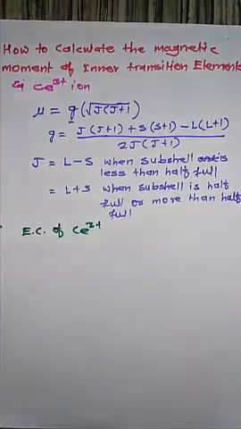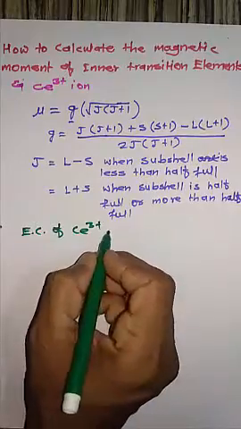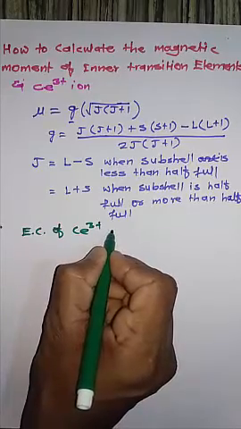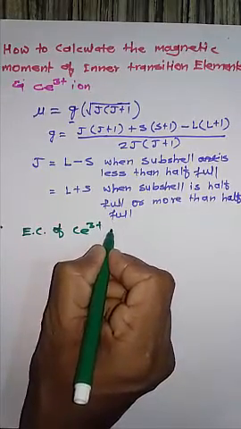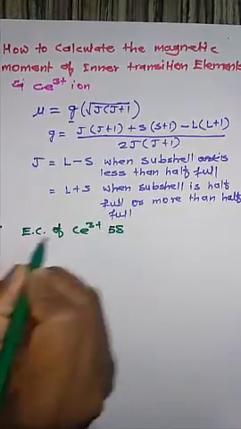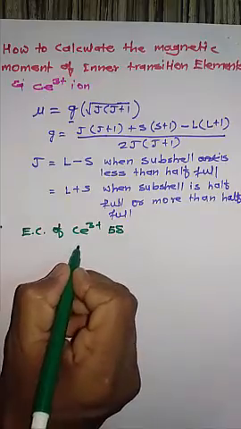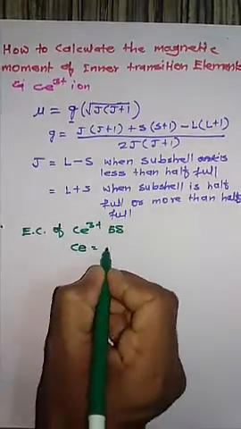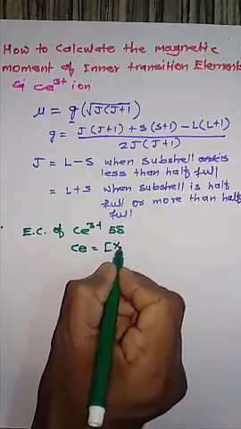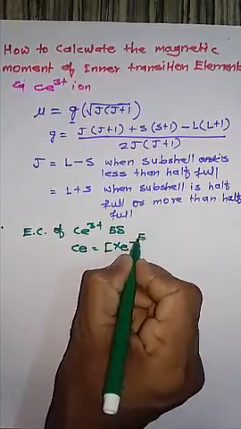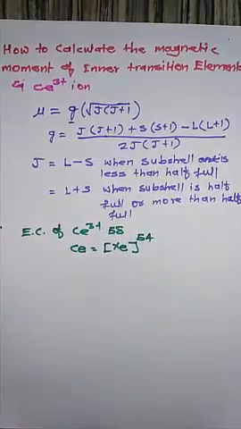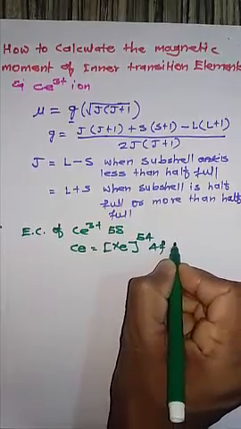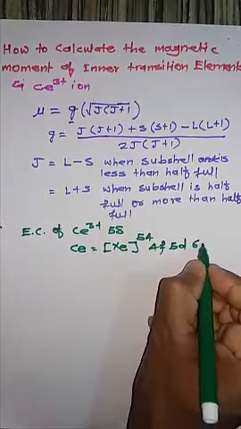The atomic number of cerium is 58, so the electronic configuration is xenon 54, then 4f, 5d and 6s.